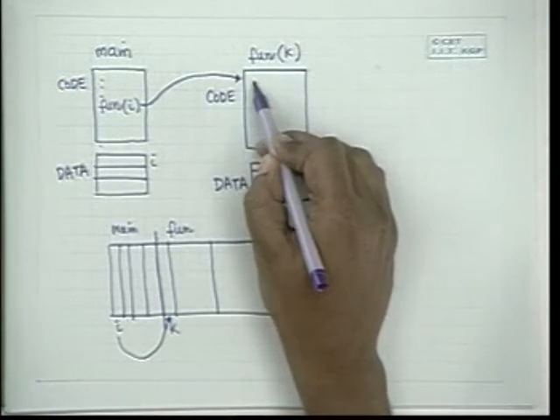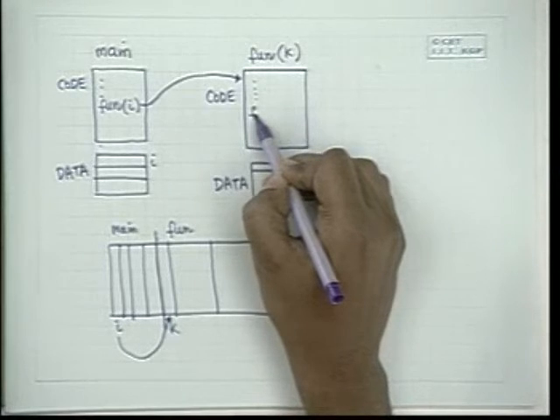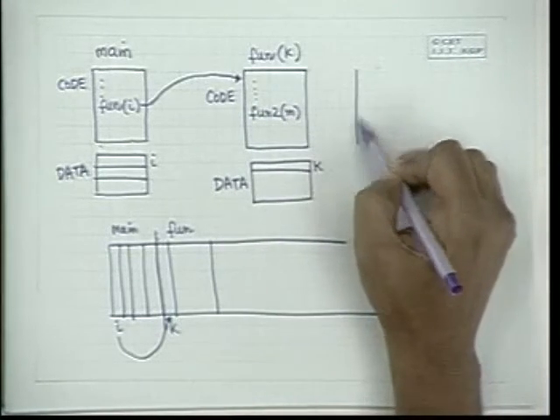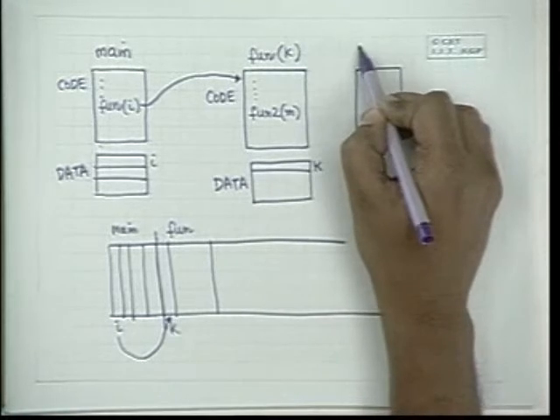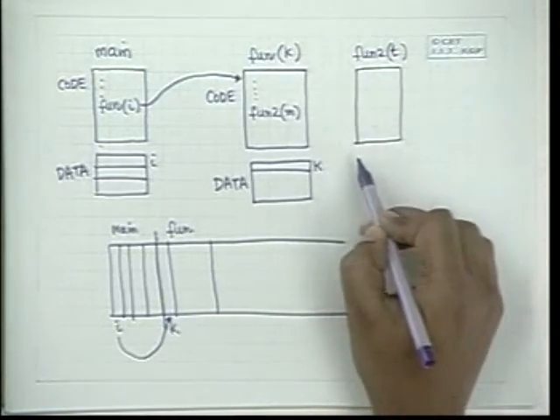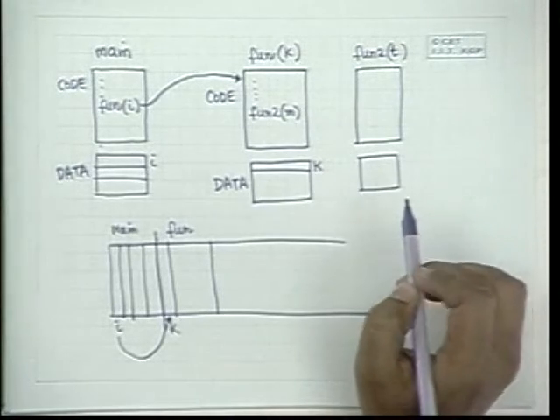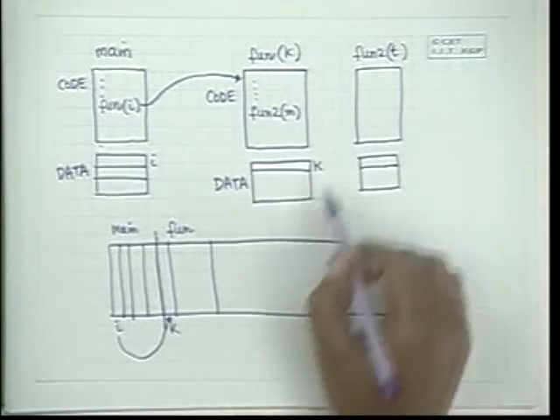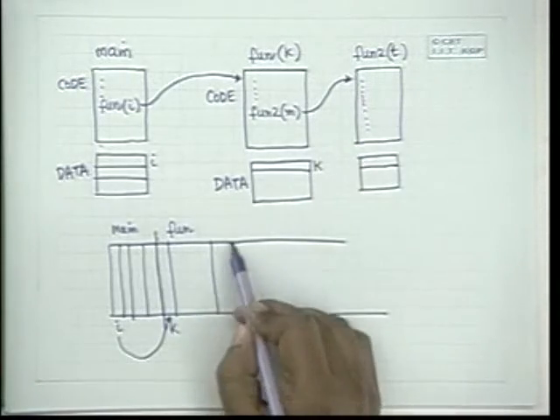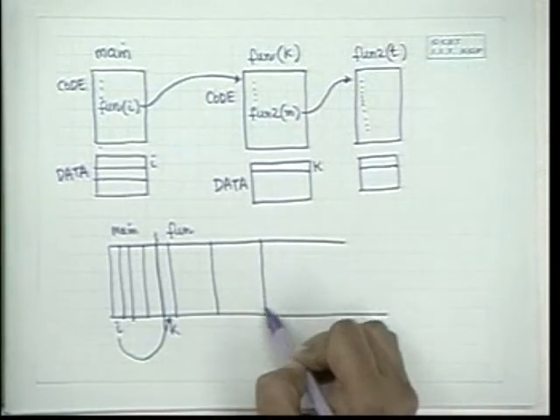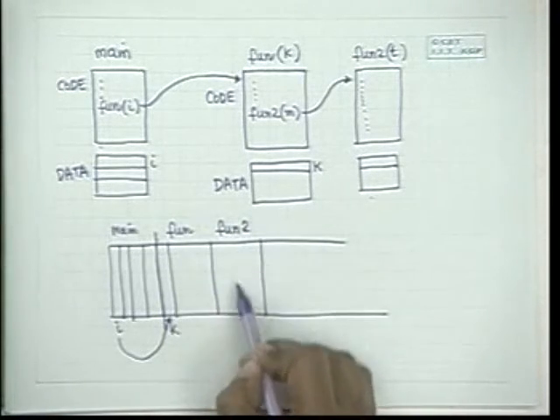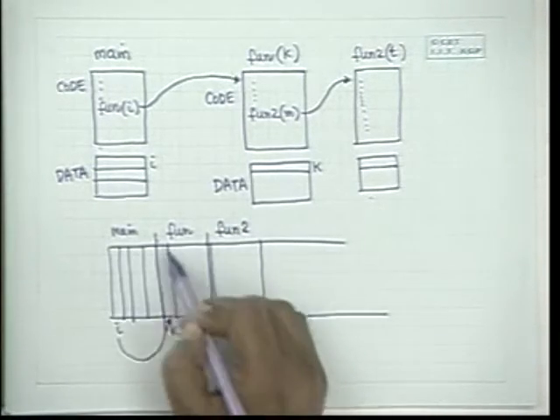And now suppose fun calls another one, say fun2 m, and fun2 is another function which has its own code and data segment. Then whenever there is a call here, this starts executing, and as soon as this starts executing, a data segment corresponding to fun2 gets stacked up at this point.